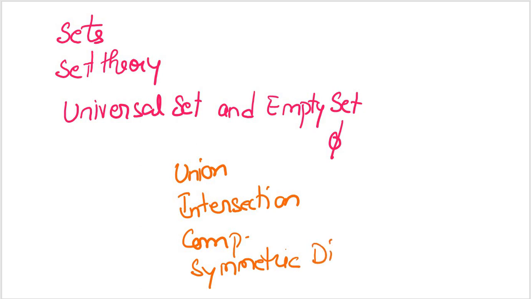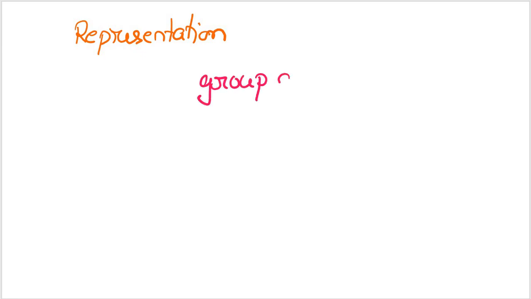So today we are going to move a step ahead, and we are going to talk about representation, a representation of a group of things which have some relationships.